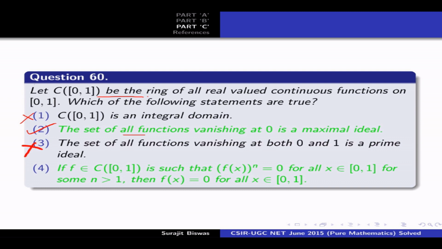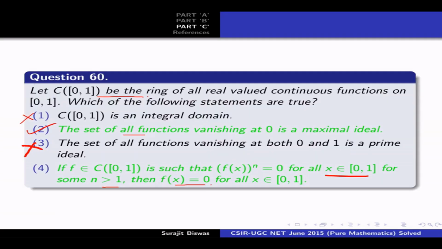Option 4, if f belongs to C[0,1] is such that f(x)^n equals 0 for all x belonging to [0,1] for some n greater than 1, then f(x) equals 0 for all x belonging to [0,1]. This is true.